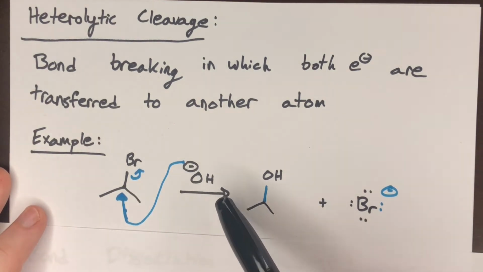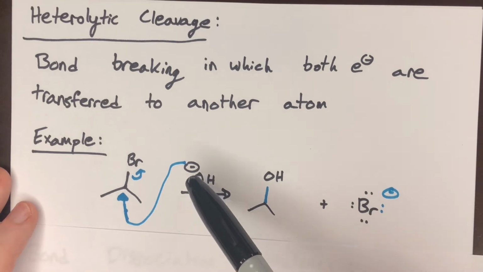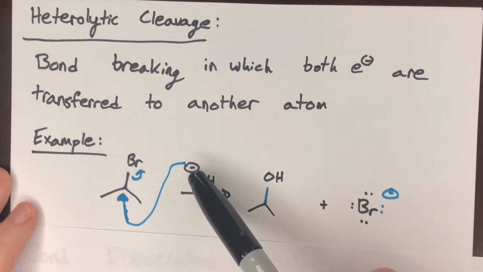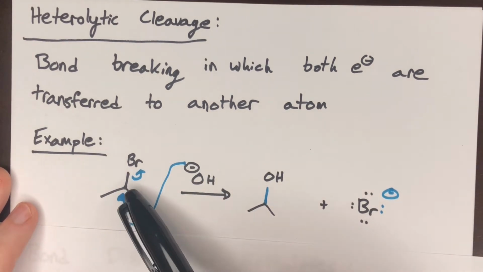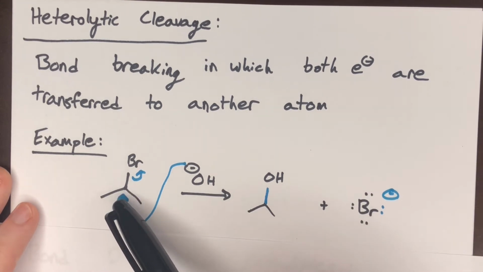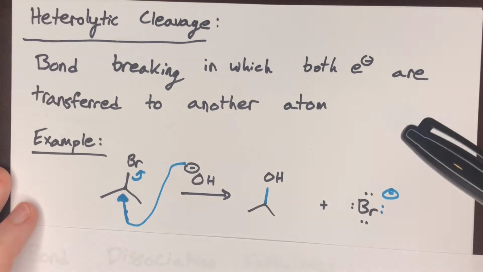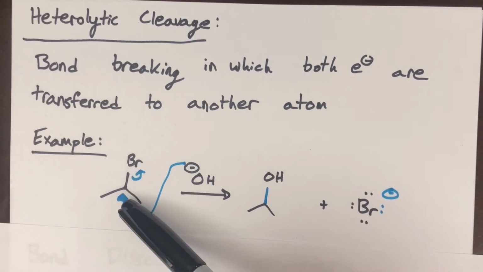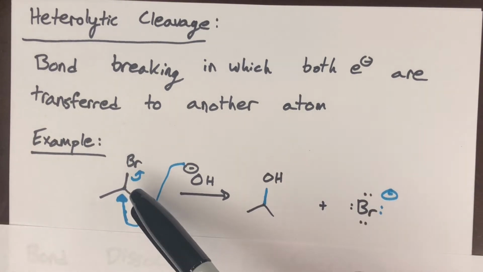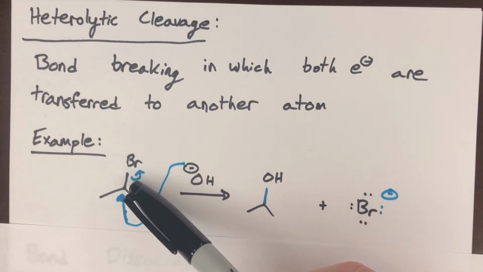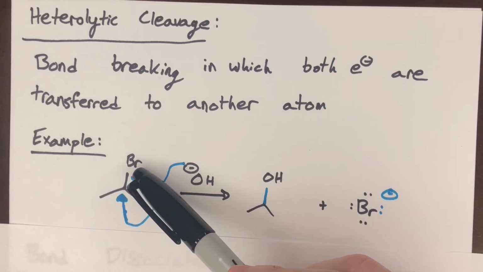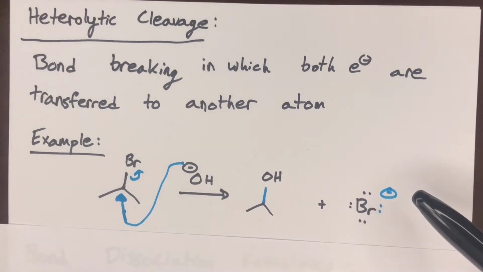So in this case, we have a hydroxide ion. The negative charge on the oxygen is coming here to this electrophilic carbon, creating this new bond between the carbon and the oxygen, this blue bond here. And then the bond that's broken is this carbon-bromine bond, and the electrons involved in that bond, both of them, move onto the bromine and make a negatively charged bromine.